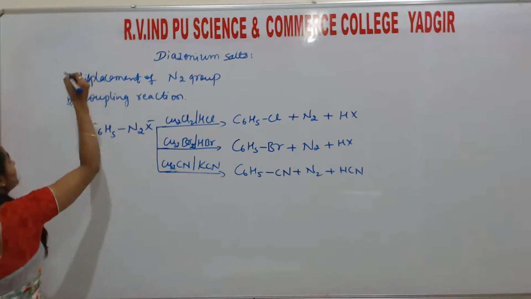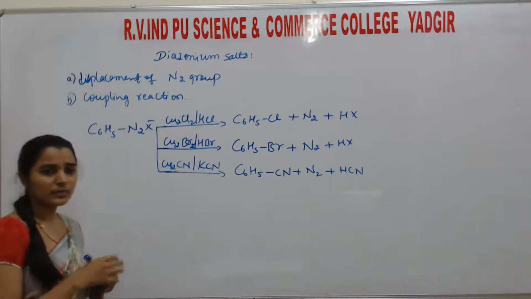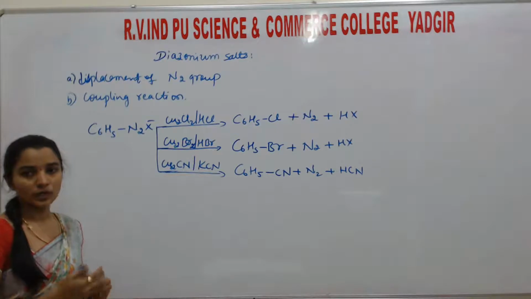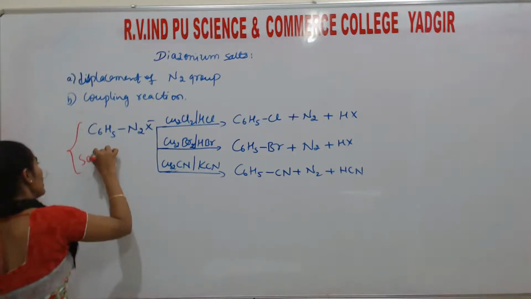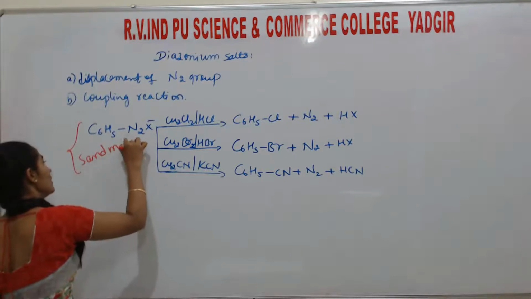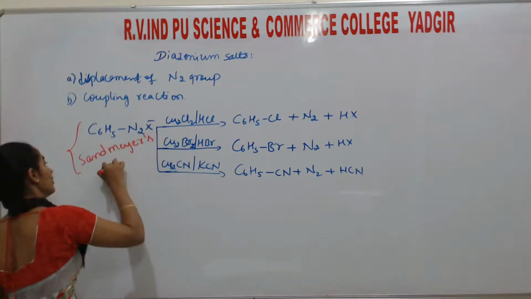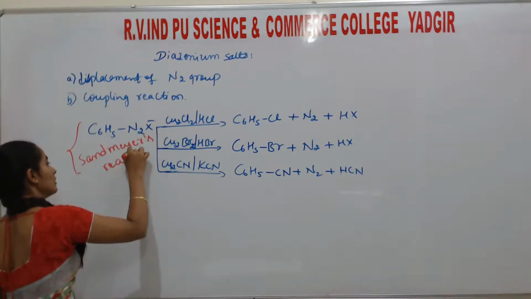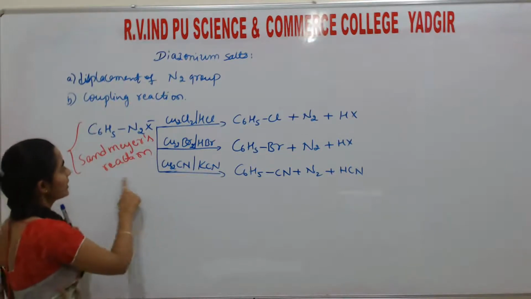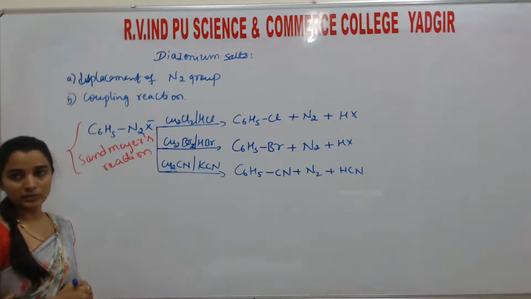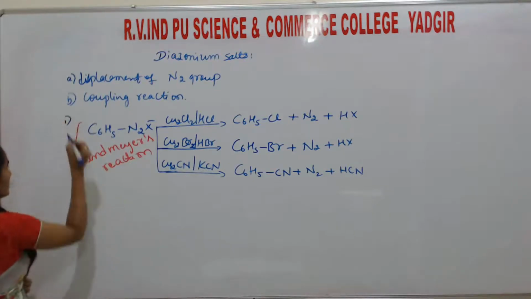Displacement means removal. Okay, so this complete set of three reactions is called the Sandmeyer reaction. So this complete reaction is called the Sandmeyer reaction. So this is the first reaction.